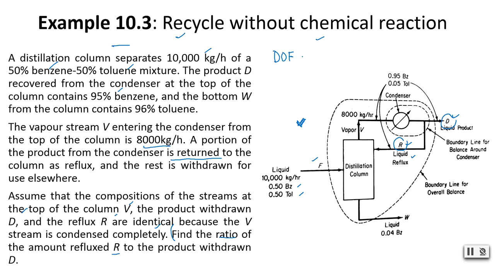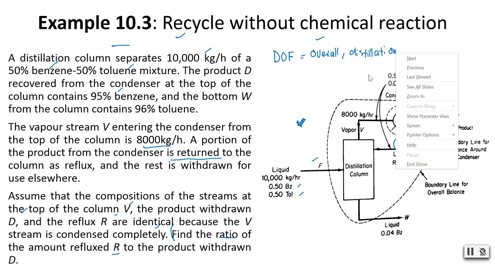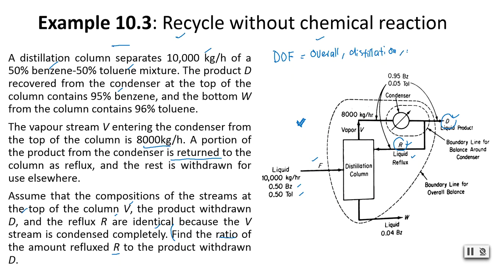The first thing is to perform the DOF. You need to perform the DOF of the overall distillation column, the condenser, and here also, we call it a separation process, although it doesn't have any box.